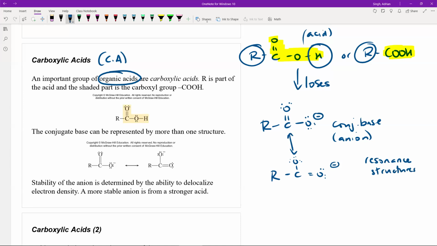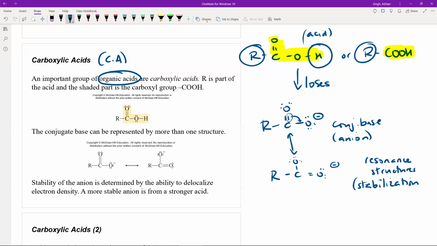And what this leads to is actually stabilization of the conjugate base. Right, so when you have this anion being formed, and you have the possibility of having resonance structures, that means that the electrons can be delocalized. So for instance, this pair of electrons here, they don't really belong to that place.